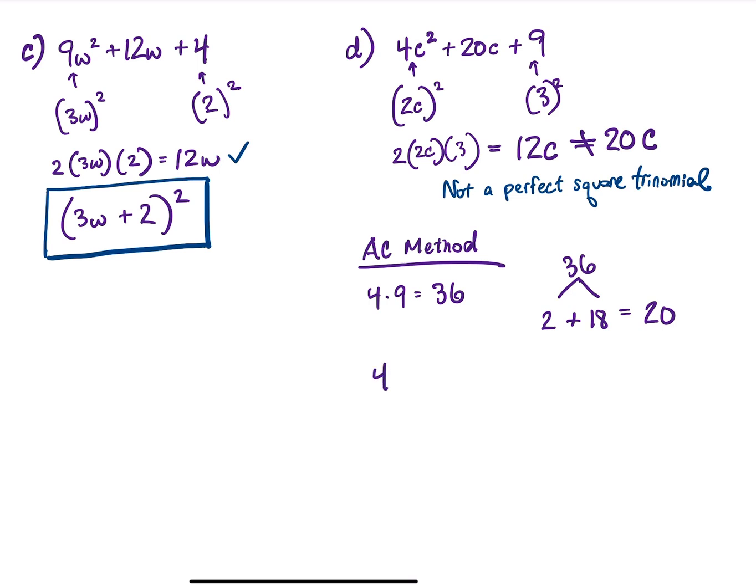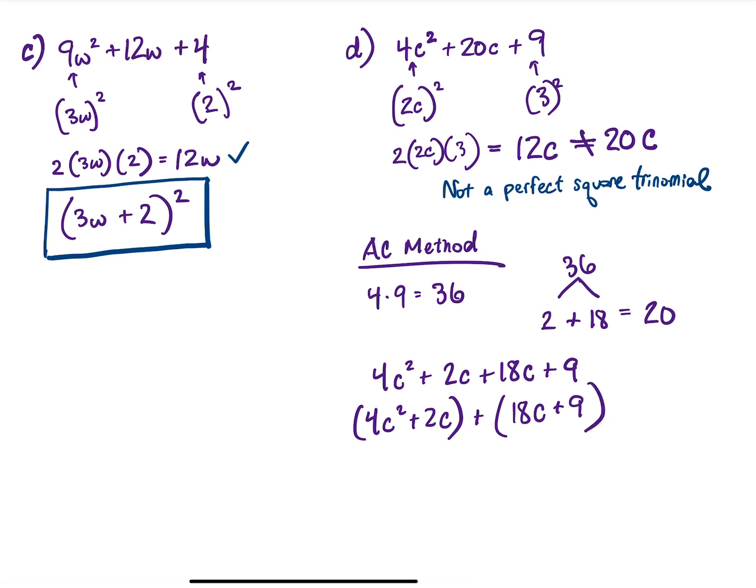So then let's rewrite the middle term: 4c squared plus 2c plus 18c plus 9. Then we'll put these into two groups and factor by grouping. So 4c squared plus 2c in parentheses plus 18c plus 9. So in our first set, it looks like we can factor out 4 and 1c.